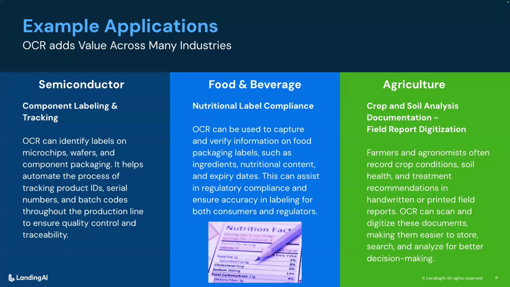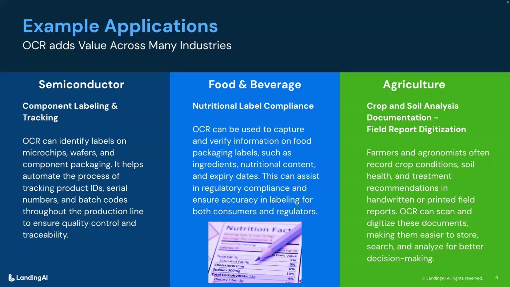And this can be often handwritten and then printed. Being able to leverage these documents in a digital manner makes it much easier to leverage the information contained within, to search and analyze for better decision making, ultimately downstream. So you can see where this can come in so many different ways and add value to your current processes.